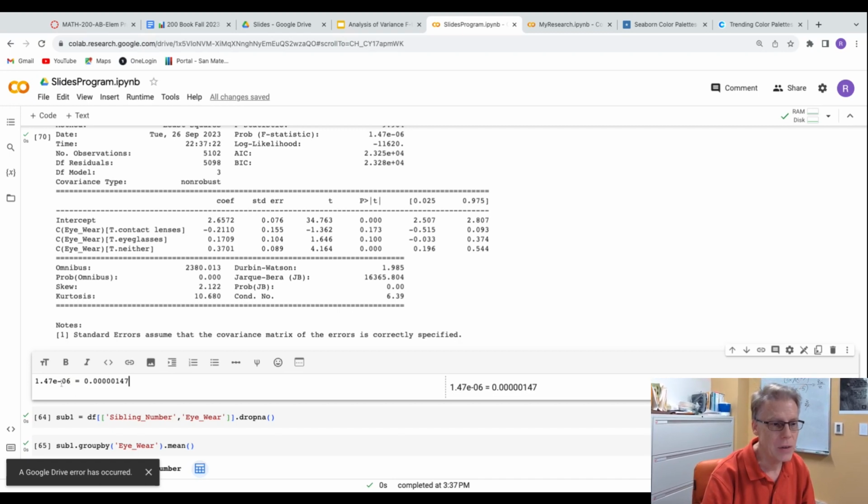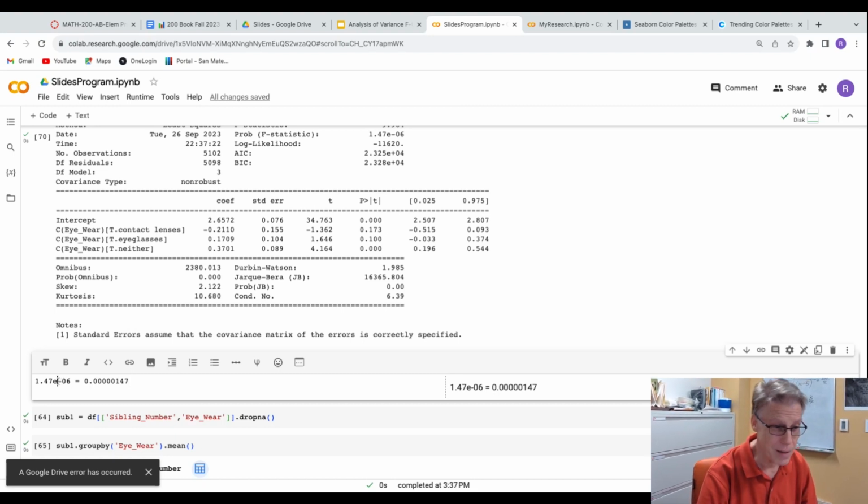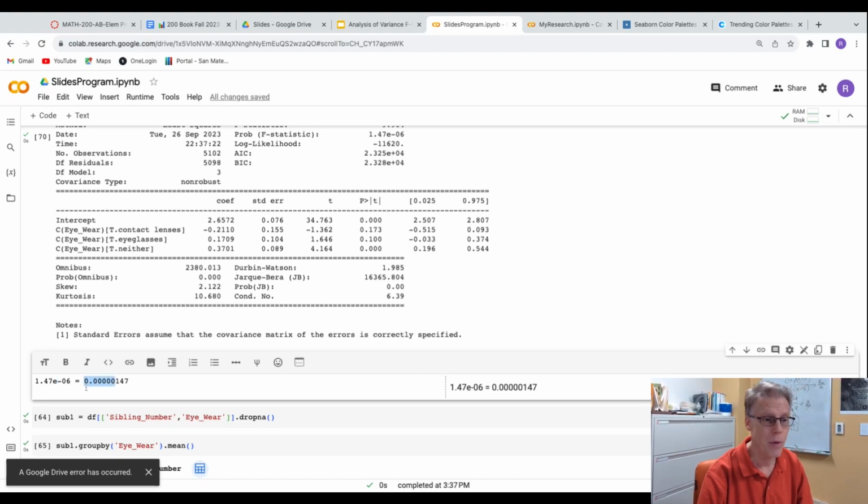So the negative 06 means I'm moving the decimal place from between the 1 and the 4, 6 places to the left. So 1, 2, 3, 4, 5, 6. Perfect. And one way I remember that when it's a really, really small number, because this is a negative exponent, the number of zeros, if you count the 1 before the decimal place, should be equal to this number.